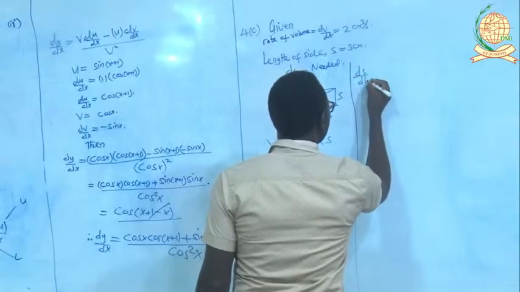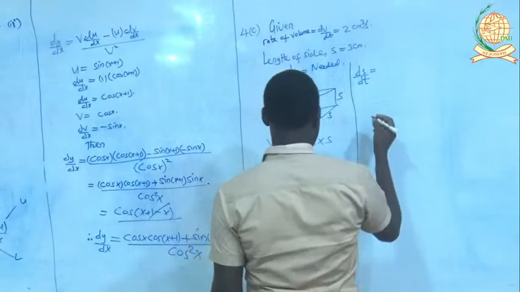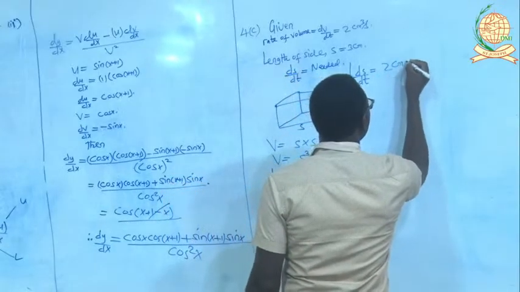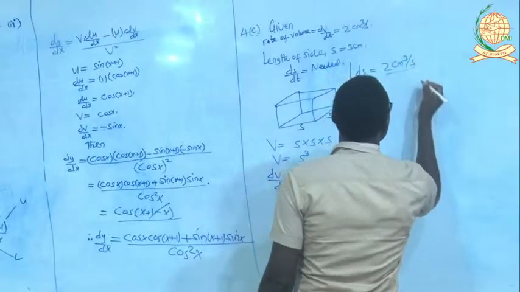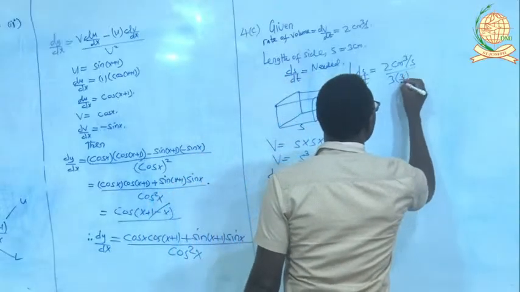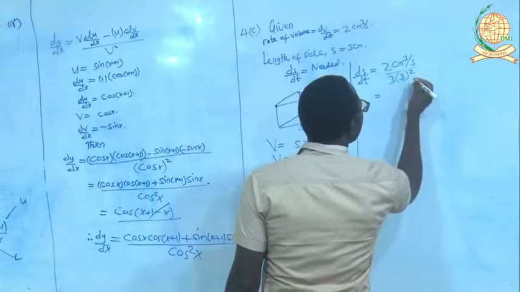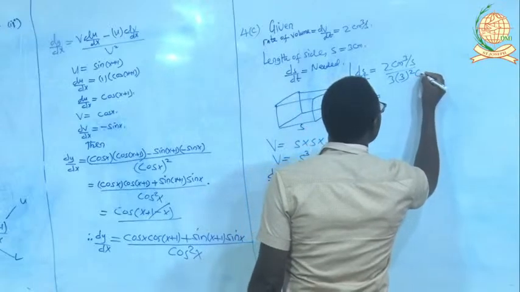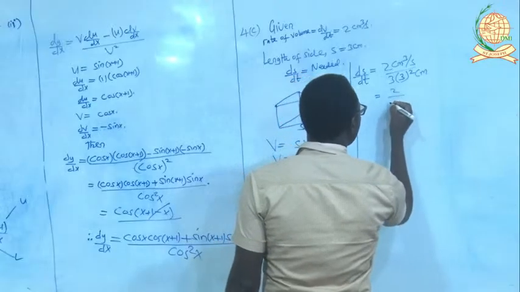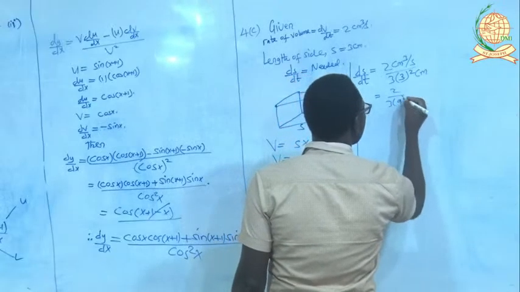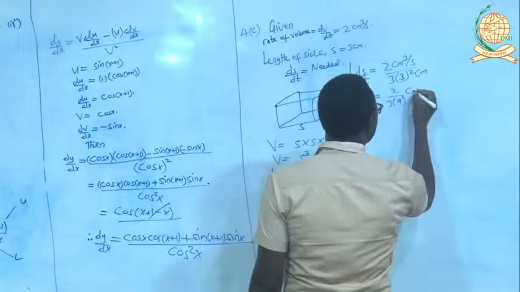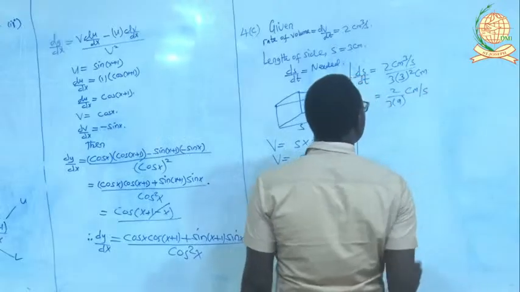The ds over dt will be equal to dV over dt, which is given as 2 cubic centimeters per second, over 3 times S, 3 squared. This is centimeter. This is 2 over 3 squared, it is 9. You get centimeter per second.